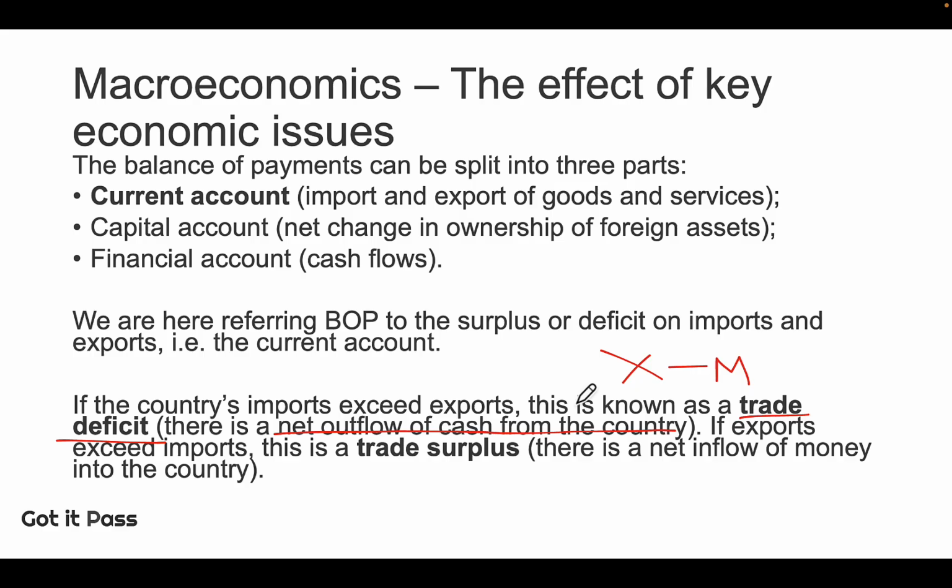For GDP, the overall economy is negatively affected by this trade deficit. On the other hand, if exports exceed imports, there is a trade surplus. There is a net inflow of money into the country. That means, say, country A exports more oranges to country B than it imports apples from country B, given that the amount collected from selling oranges is much more than the payments on the apples.